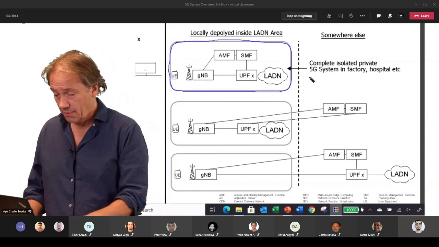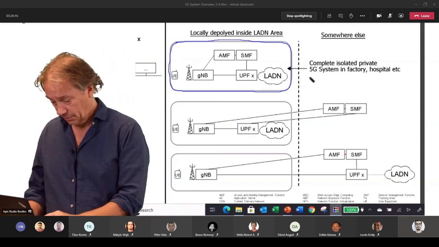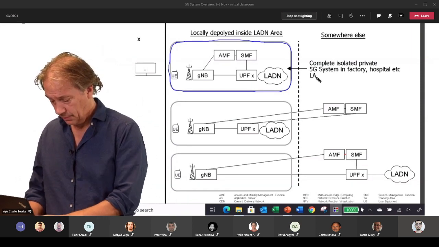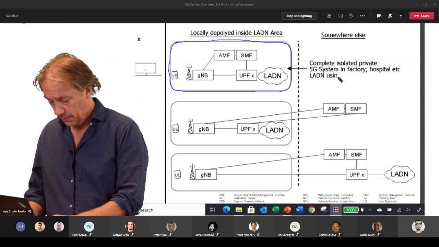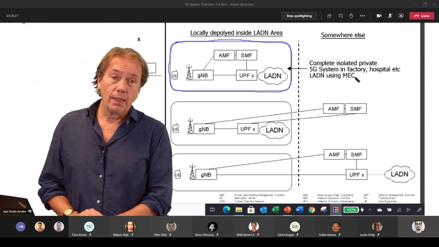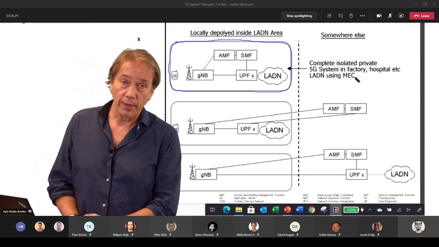So this is a combination of a local area data network using multi-access edge computing.